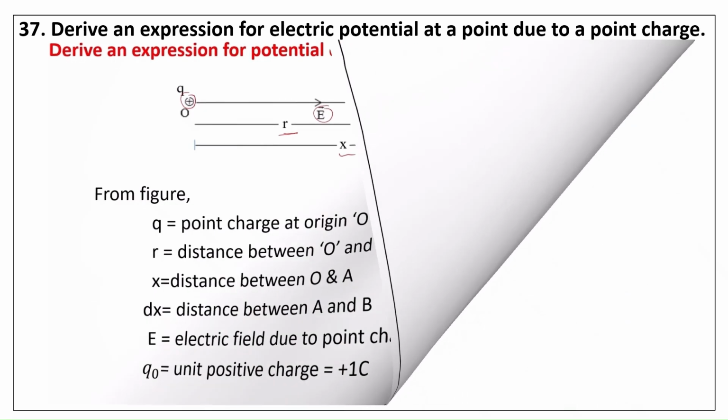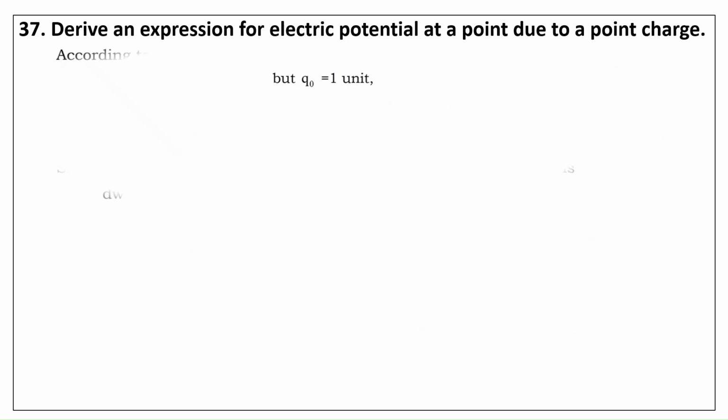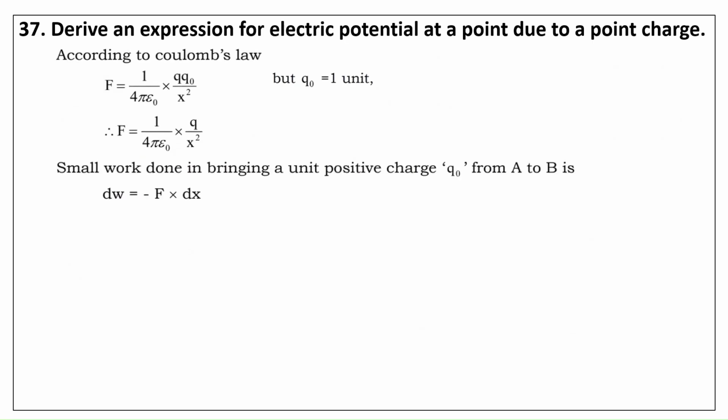According to Coulomb's law, F is equal to 1 by 4 pi epsilon naught, q0 Q by x square. But q0 is equal to 1. Therefore, F is equal to 1 by 4 pi epsilon naught, Q by x square. Mark as equation 1. Small work done in bringing a unit positive charge q0 from A to B is dW is equal to minus F into dx.